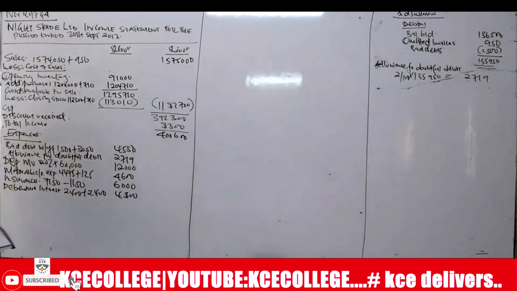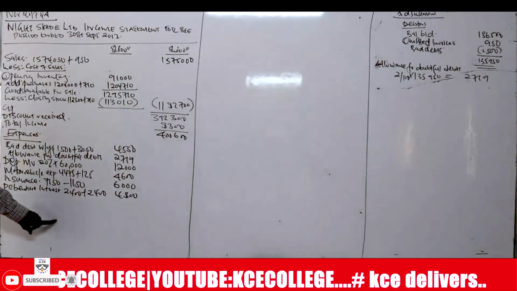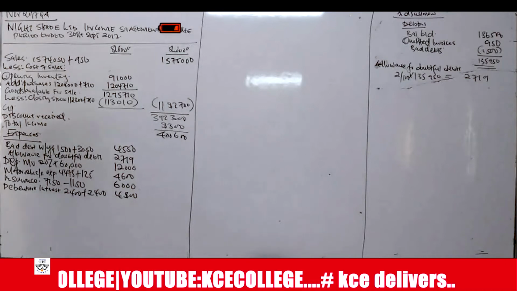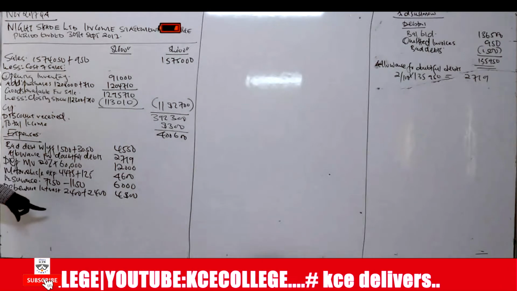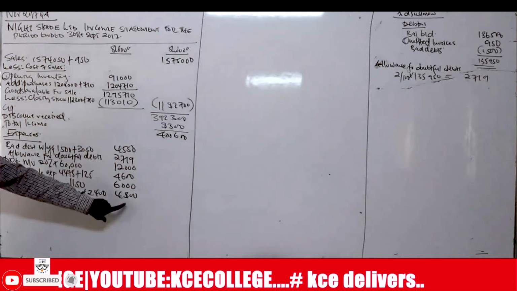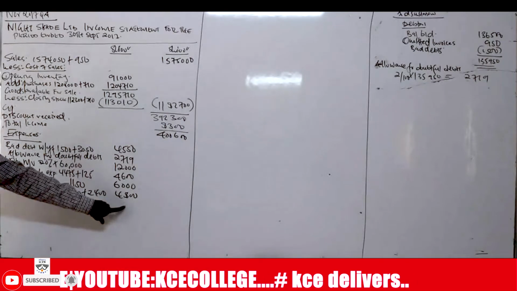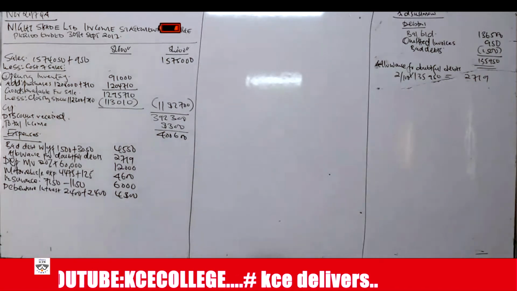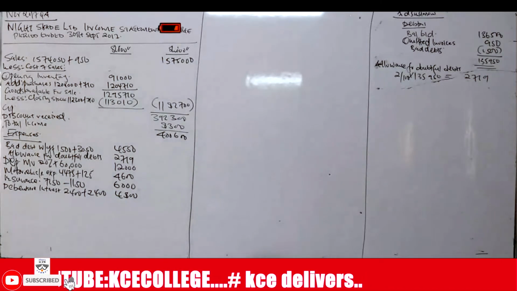How do you know that they have paid anything? The amount that is paid will be indicated in the trial balance. If there is no amount for debenture interest in the trial balance, then the entire amount is outstanding. So you should take that portion that is outstanding to the balance sheet as a current liability.